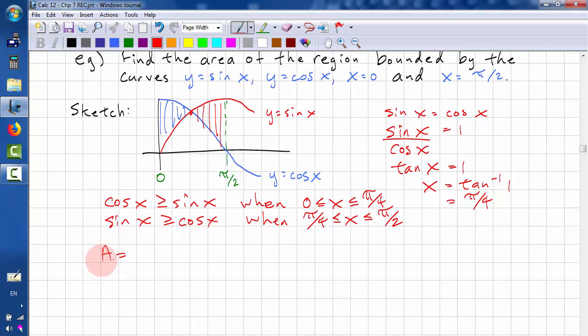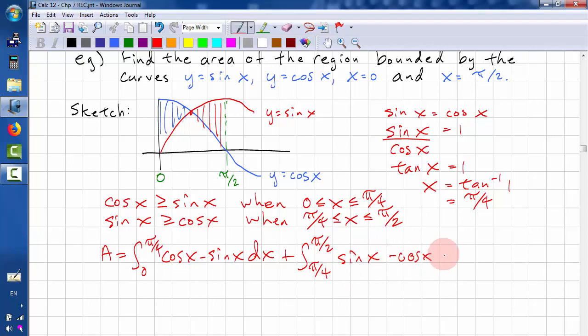So area equals integral from 0 to pi over 4 of cos x minus sine x dx plus integral from pi over 4 to pi over 2 of sine x minus cos x dx.